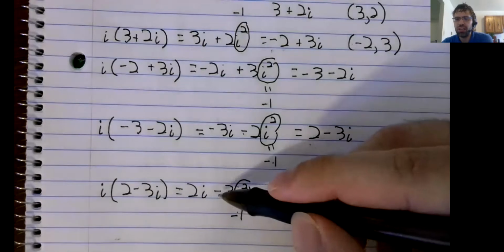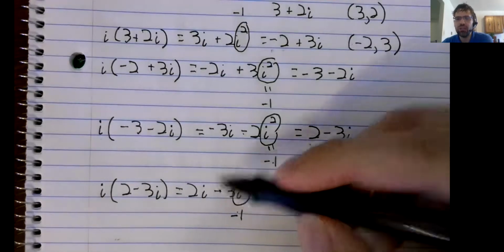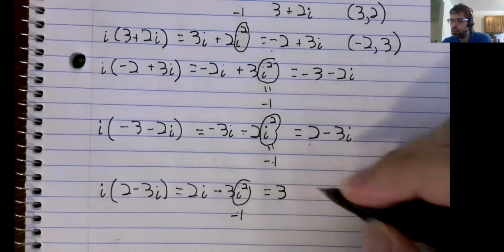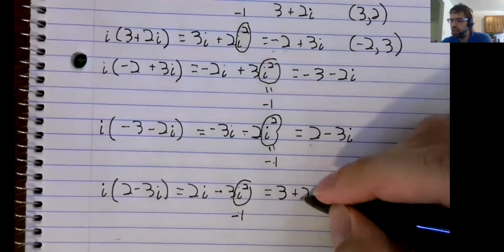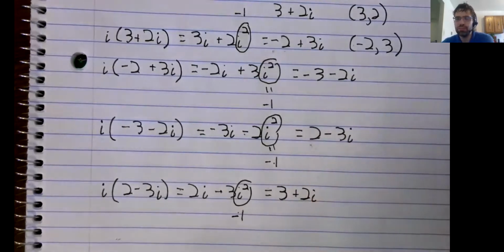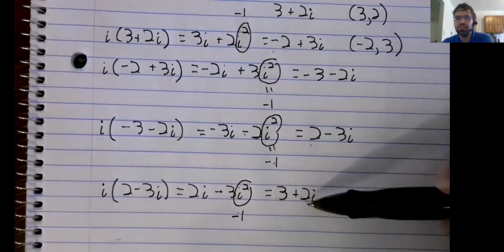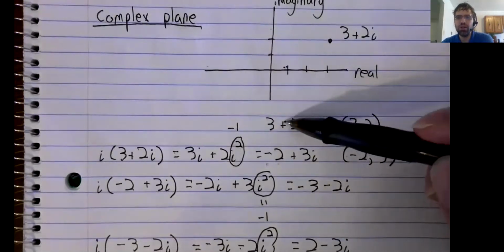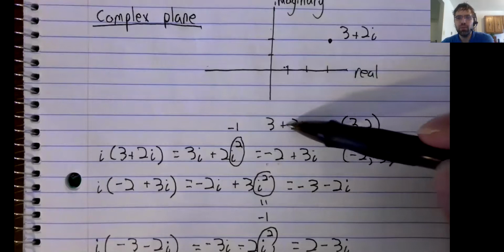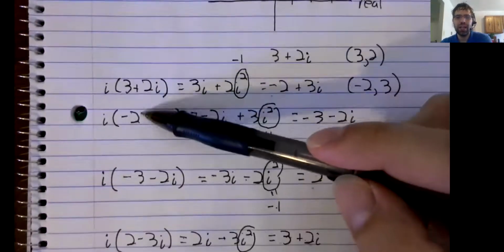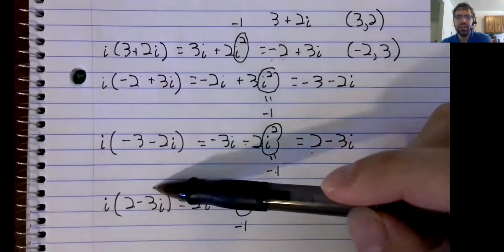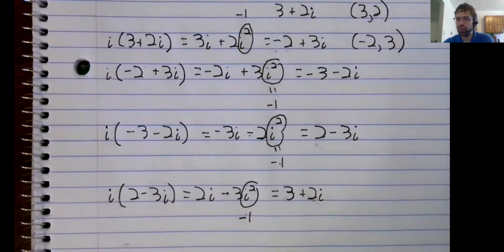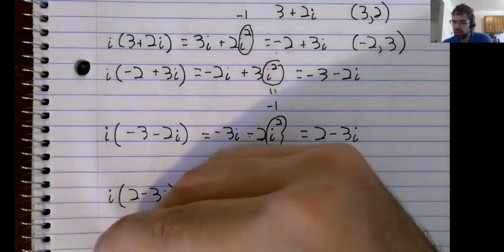This negative sign and this negative sign cancel. 3 plus 2i. 3 plus 2i is what we started with. So we multiplied this by i, did it again, did it again, did it again, and wound up right back where we started.